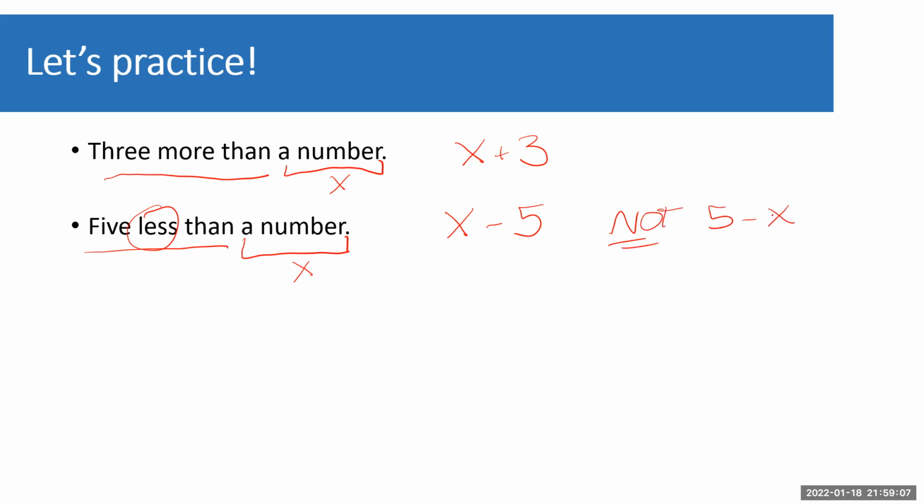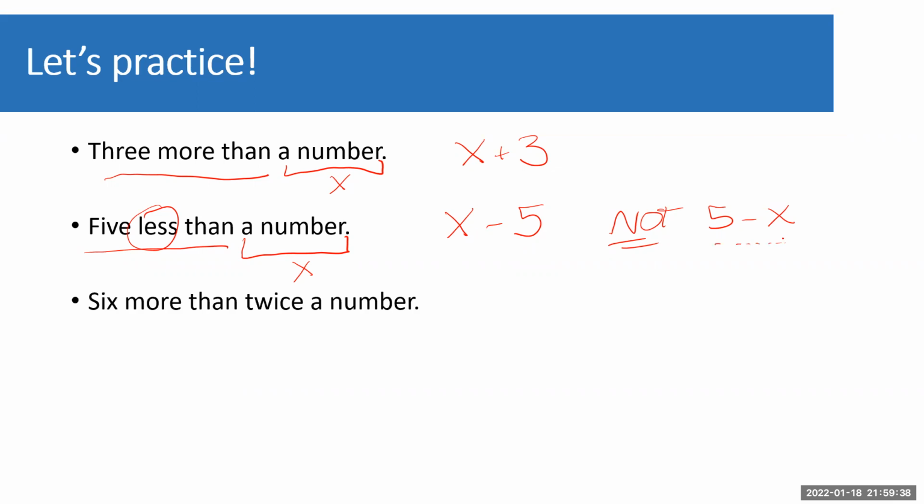We want the number, and we want 5 less than that number. You can always double check yourself with real numbers. 5 less than a number. Well, let's start with the number 10. 5 less than the number 10 would give us 5. So 10 minus 5 would be right. 5 minus 10 over here on the wrong answers would be incorrect, because 5 minus 10 is negative 5. So just keep that in mind.